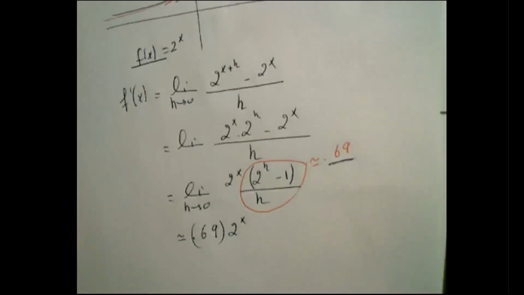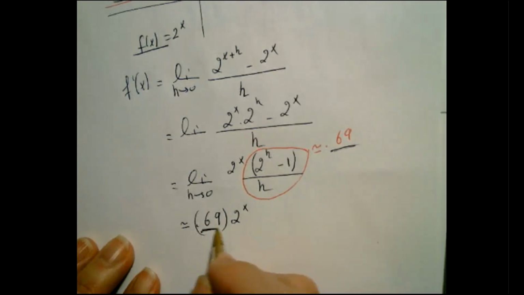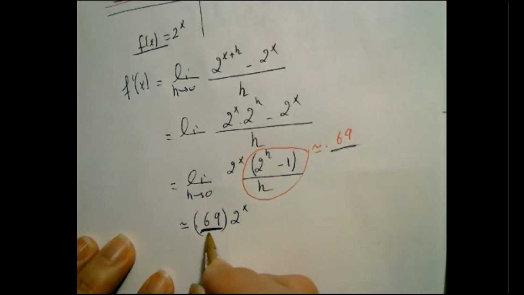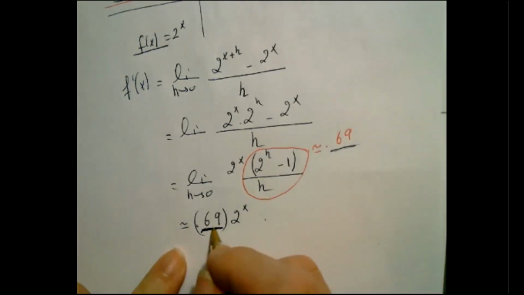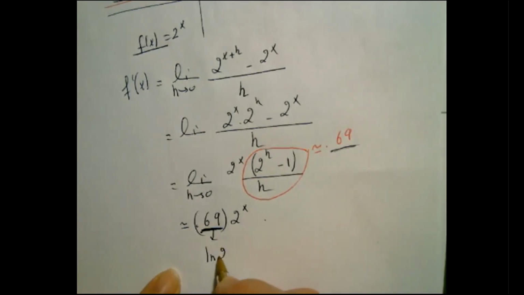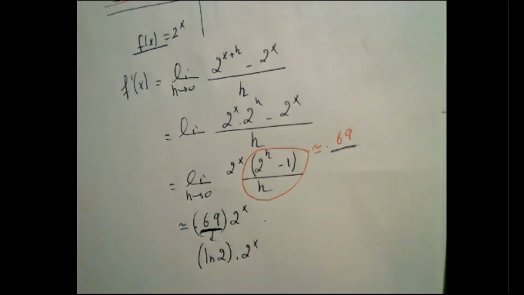So it's not 2 to the x anymore. And what we will show very soon is that this 0.69 is nothing more than, the exact value is going to be the log of 2 times 2 to the x. So it's very different. So that's what makes e to the x really an important function for us.